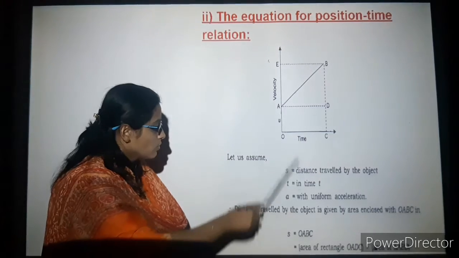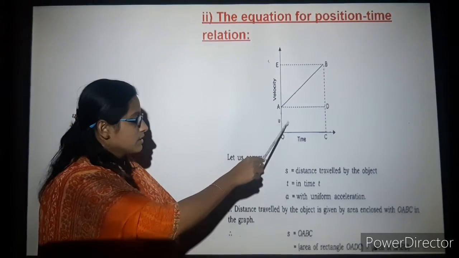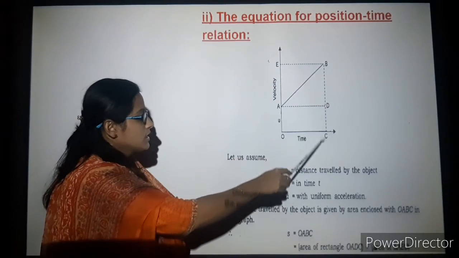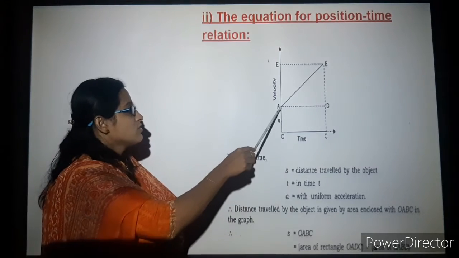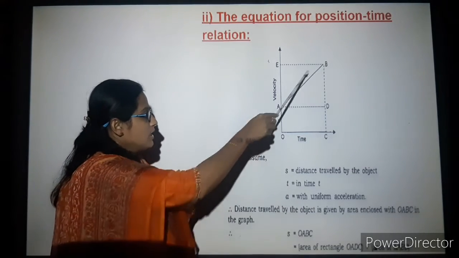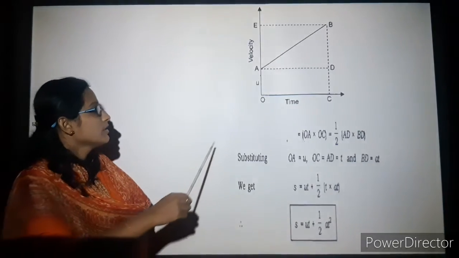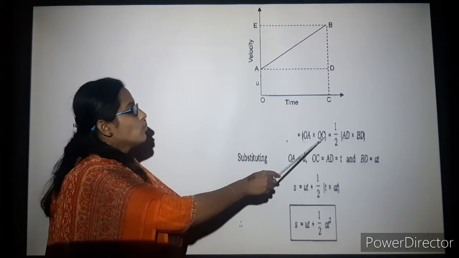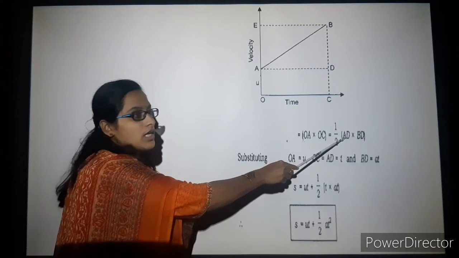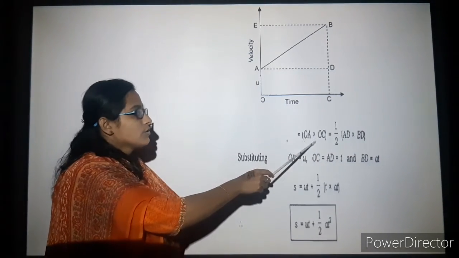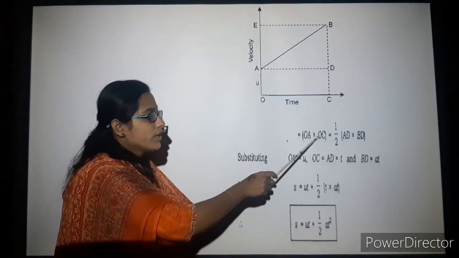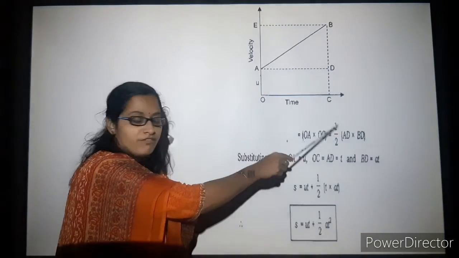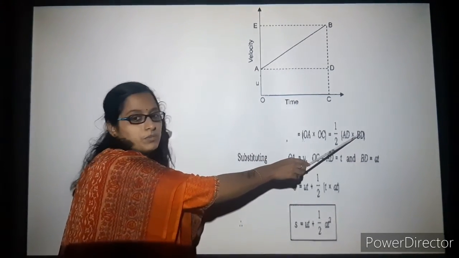The area is the area of rectangle OADC plus the area of triangle ABD. So we can see that S is equal to OA into OC plus half AD into BD.